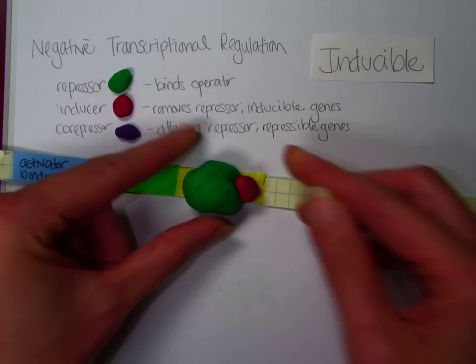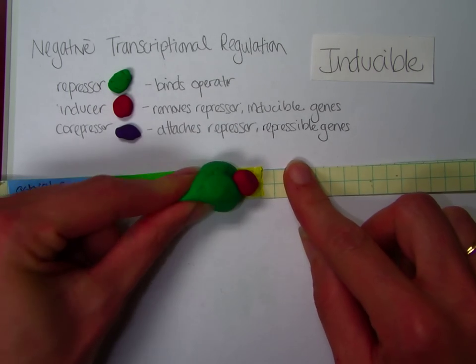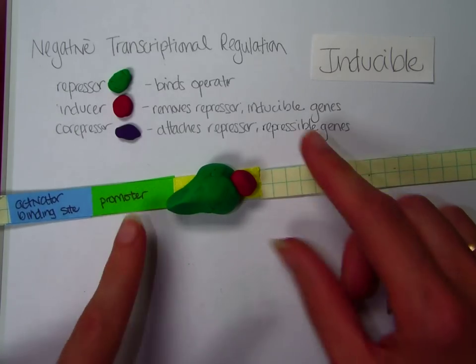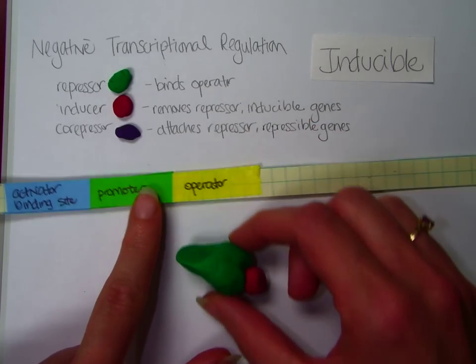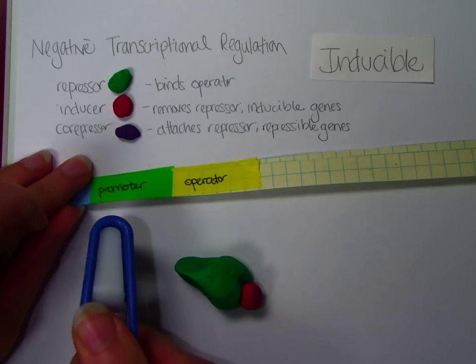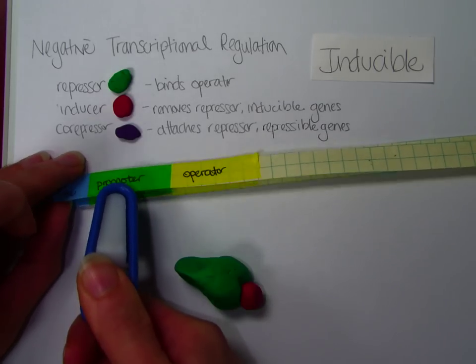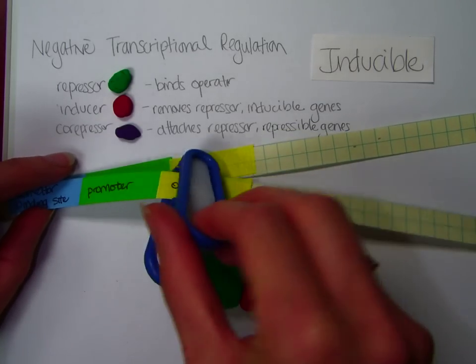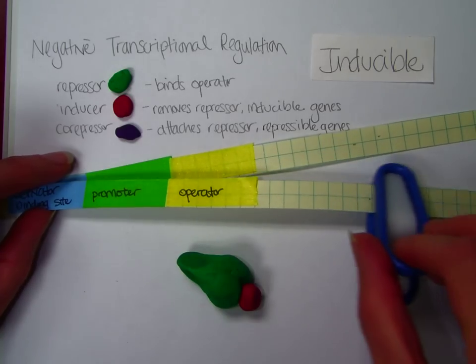So the inducer binds to the repressor, the shape of the repressor changes. This new repressor shape does not bind so well to the DNA, so the repressor comes off into the cytoplasm. Now, the sigma factor and RNA polymerase can easily bind to the promoter and then move their way down the DNA, and transcription will happen.